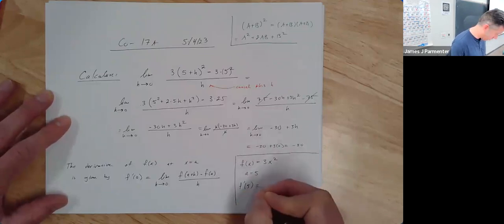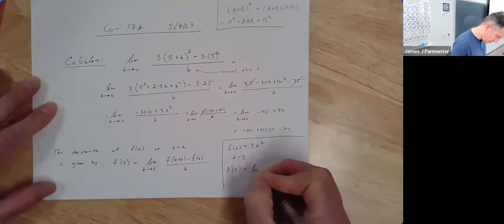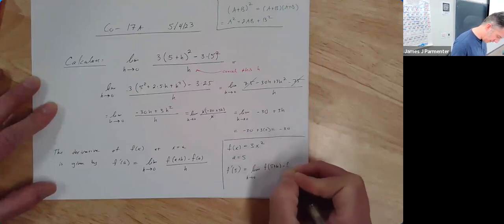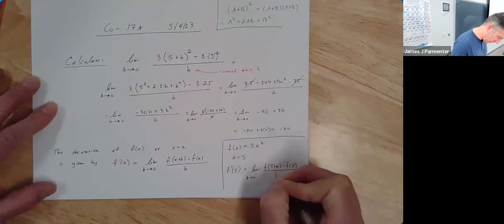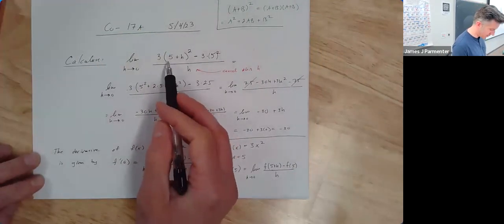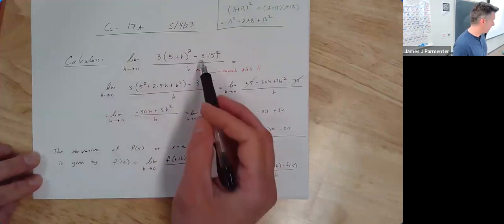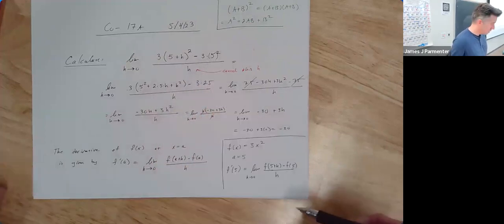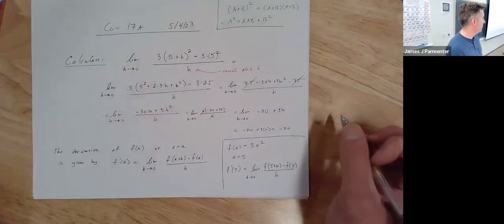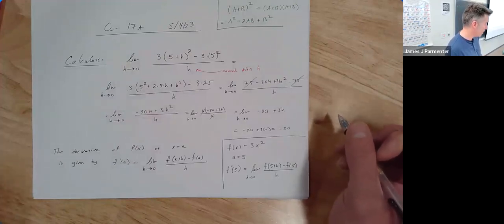And it was equal to the limit as h approaches 0 of f of 5 plus h minus f of 5 all over h. And then we plugged in 5 plus h to the function, and we got 3 times 5 plus h squared, and we plugged in 5 to the function and got 3 times 5 squared. So this is how we use the limit definition of the derivative to calculate the derivative of a function at a point.